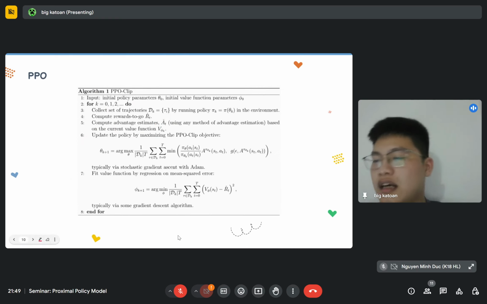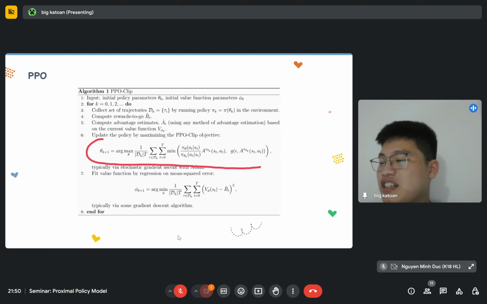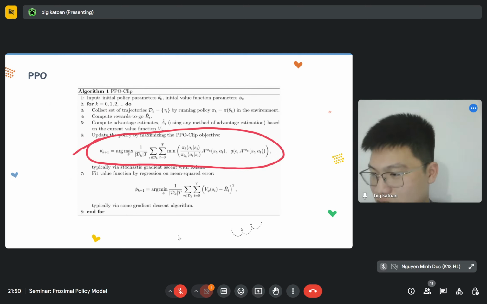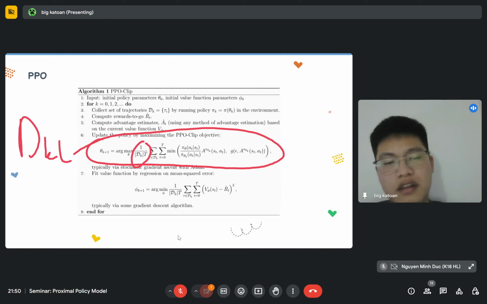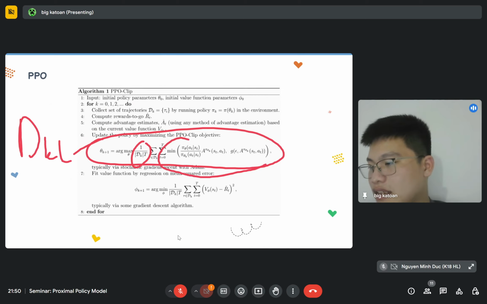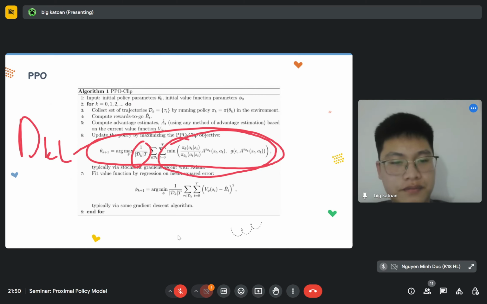After computing AT, we can update the policy by maximizing the PPO clip objective, by this function. This one over here is just for the DKL. If we can remove it, but just put it on, it's fine. It's okay. Inside this is the PPO clip.